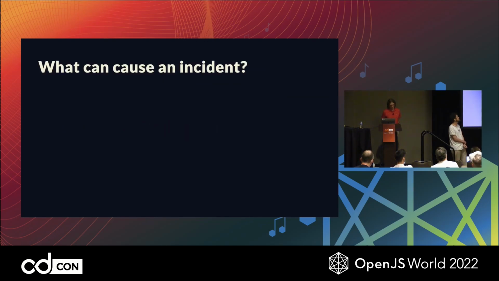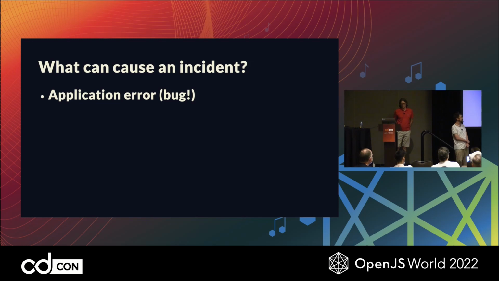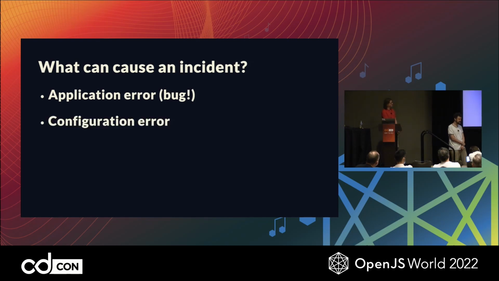The first one would be, what can cause an incident? So an obvious one is that there is an error in the application, or a bug. It's definitely common and definitely something that we want to be able to detect and typically can detect. But it doesn't have to be just the application itself. It can be the configuration of the application.